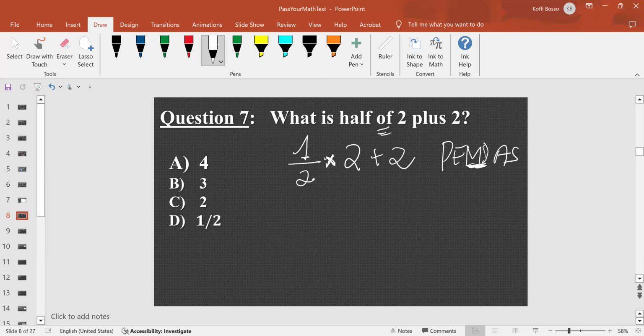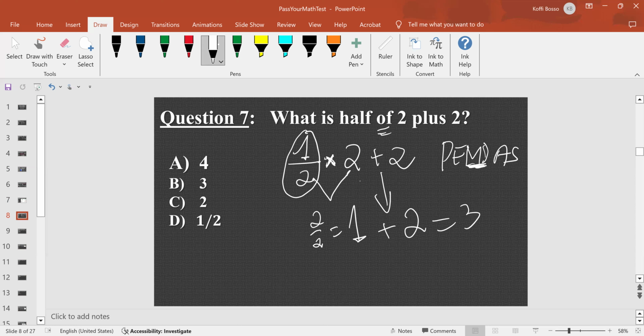Here we have 1 over 2 times 2. Take 1 over 2 as a number times the first 2, so we do this multiplication first. 1 over 2 times 2 is the same as 2 over 2, which is 1. Then 1 plus 2 gives you 3.